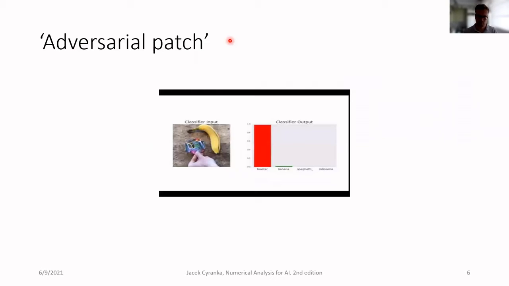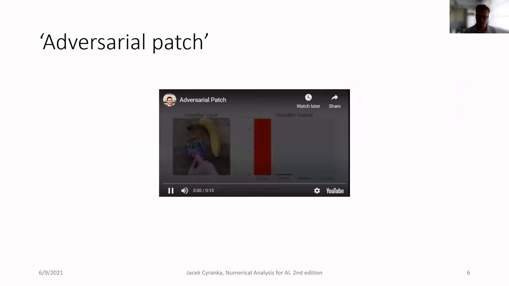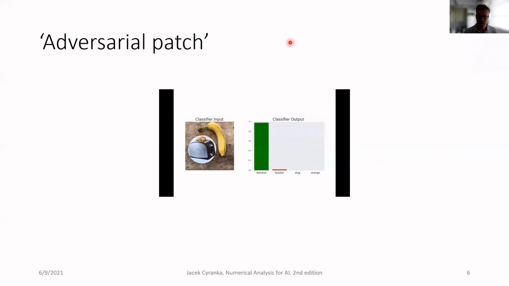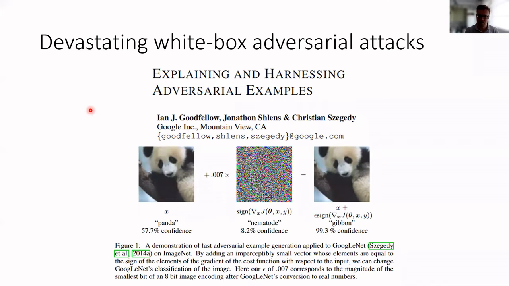Yeah. Okay, there are many examples like that. So there's the adversarial patch. So there's some classifier working online, and someone puts some weird patch, and suddenly it breaks down the whole classifier, and instead of a banana, it thinks that there's like a toaster.